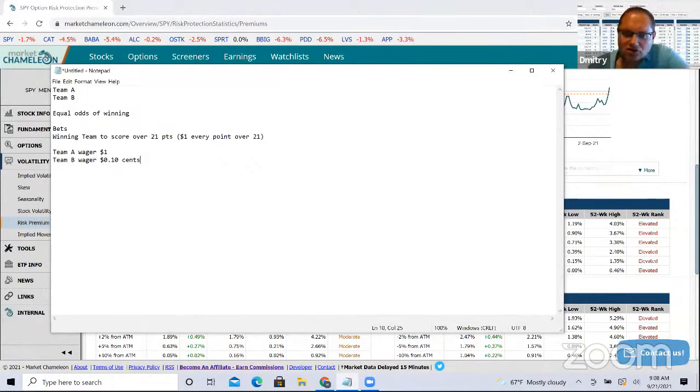So there is a skew, because the cost to bet on team B is much less. For the same price, I could do 10 times as many wagers. If I bet $1, that means I bet 10 times as many as on team A. That's what I'm trying to describe as a skew. This team is skewed much lower relative to the amount that you bet.